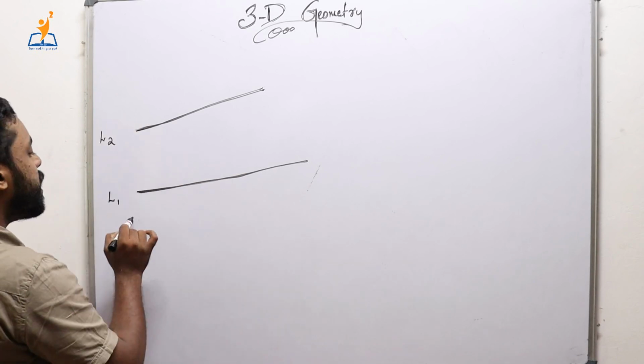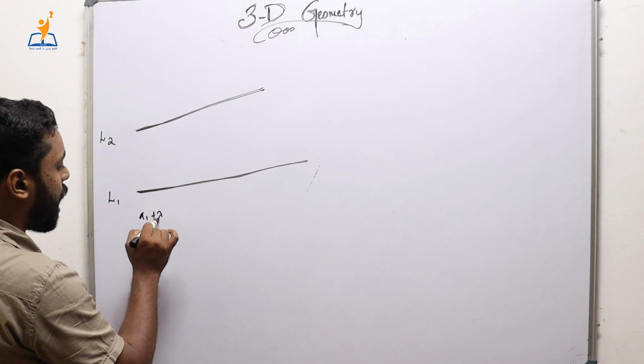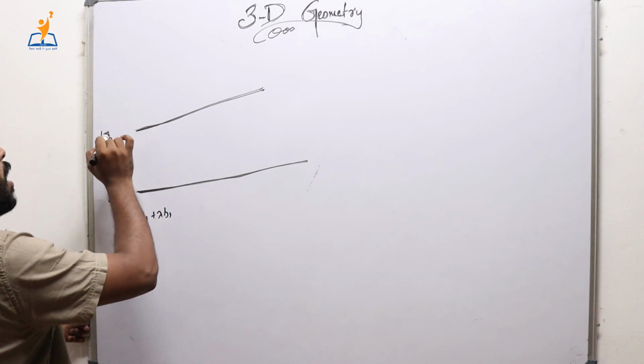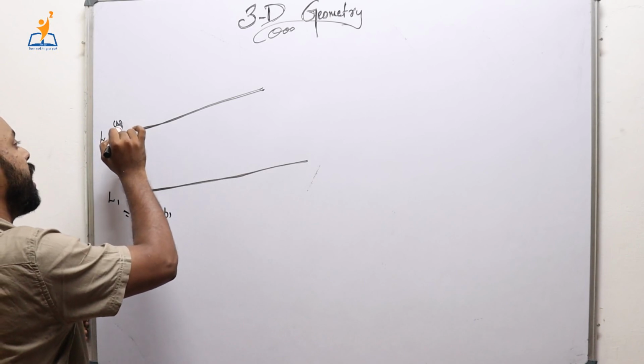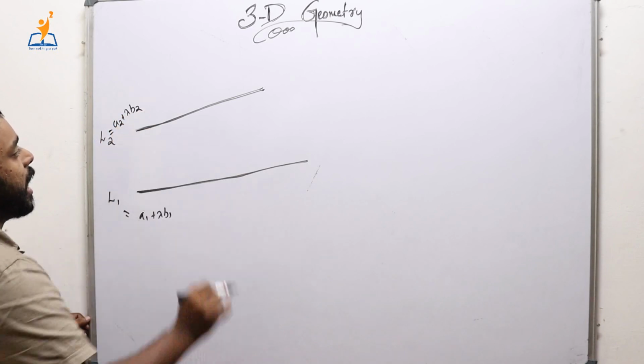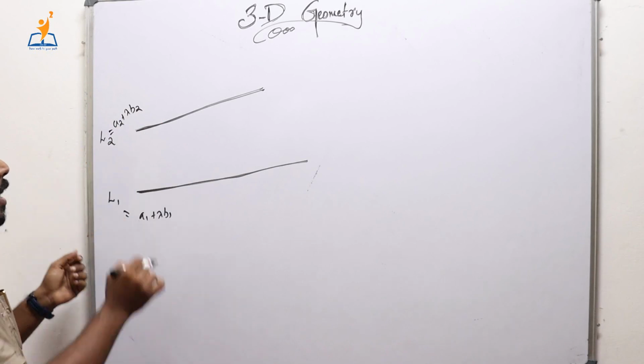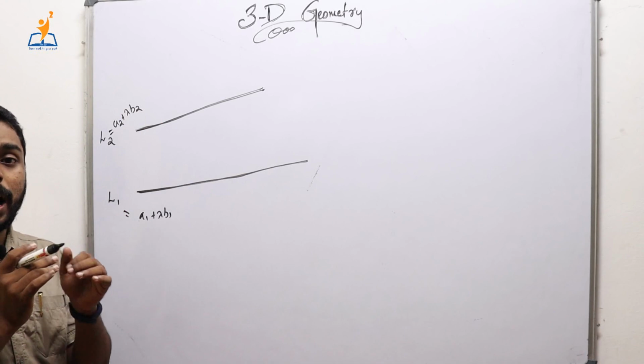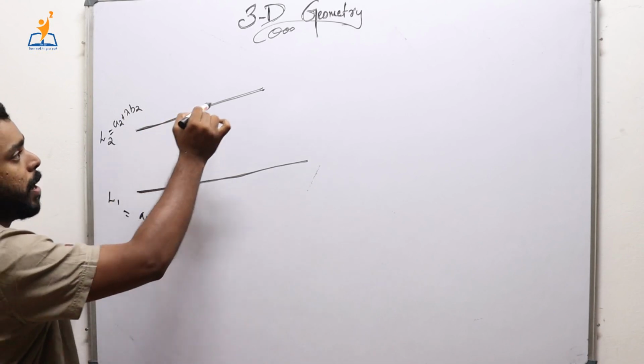Now the equation of L1 is nothing but A1 plus lambda B1, and the equation of L2 is nothing but A2 plus lambda B2. We derived the equation of the line as this, where A1, A2 are points on the lines, and B1 and B2 are the vectors parallel to the lines.